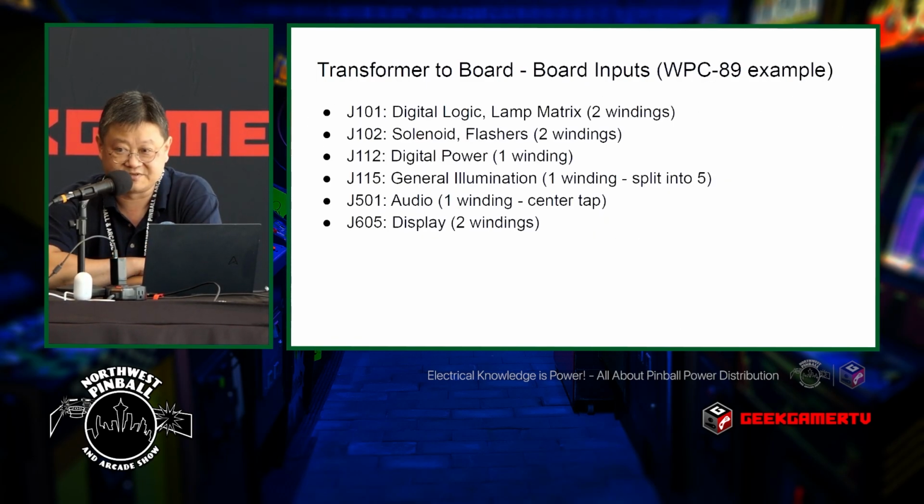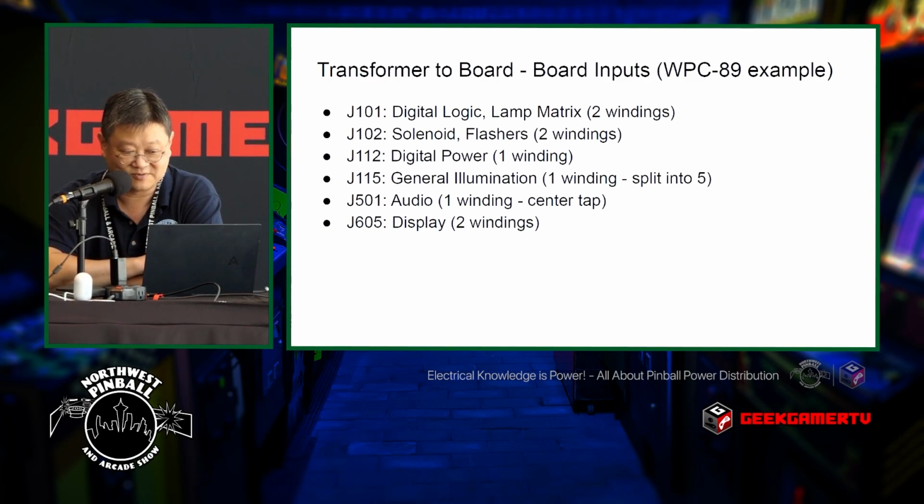So once it reaches the board, what happens? The digital logic side and the lamp matrix use J101, which takes the 18-volt line and the 5-volt line. J102 is the high voltage line: the flasher 20-volt and the solenoid 50-volt. J112 is the digital power, that's the 12-volt power line, not the 12-volt digital line.